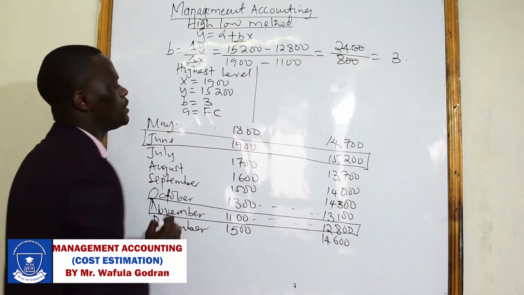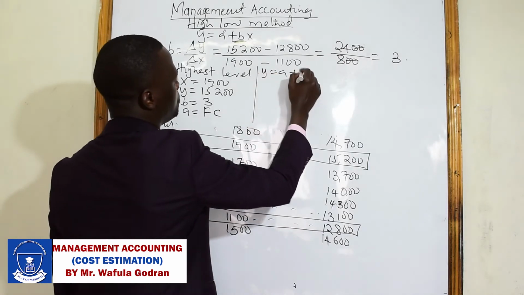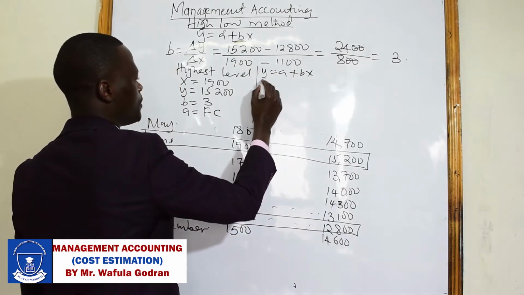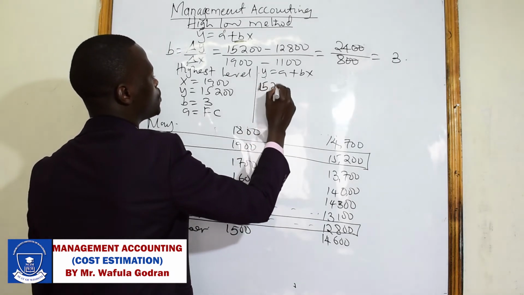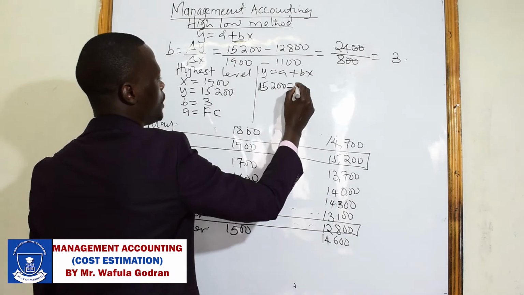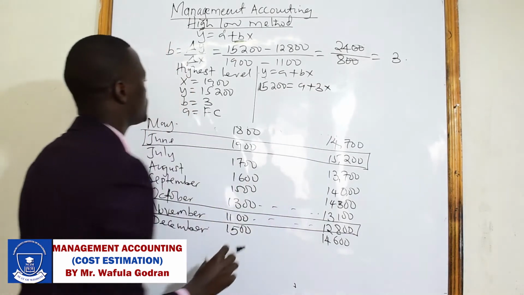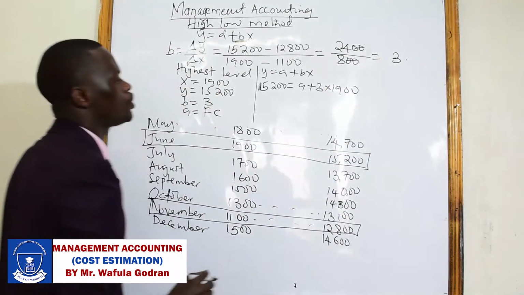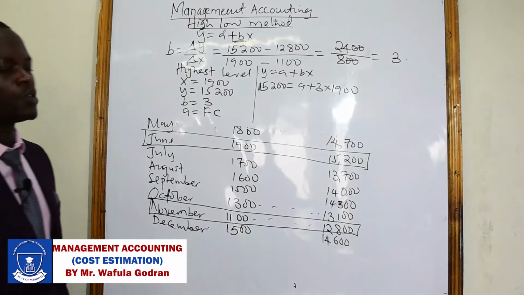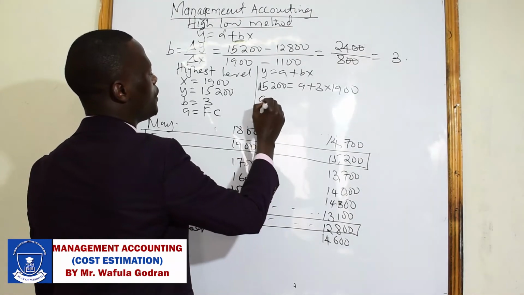We say Y equals A plus BX, so 15,200 equals A, which we don't know, plus B, 3, times X at that point, 1,900.